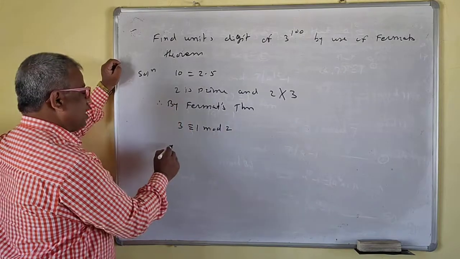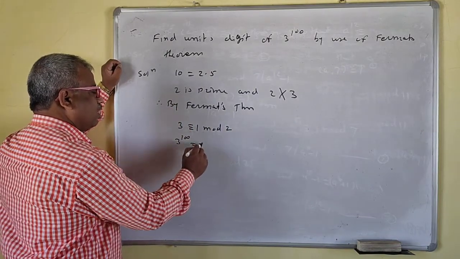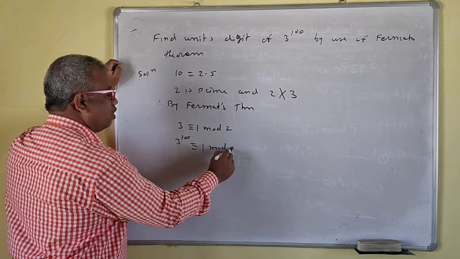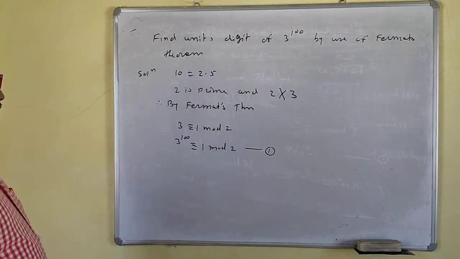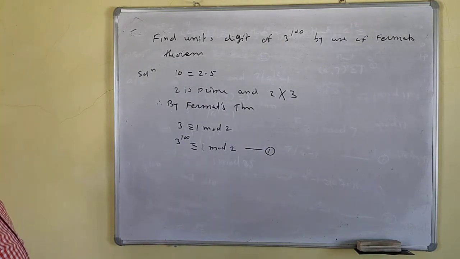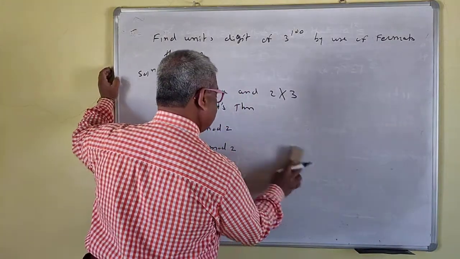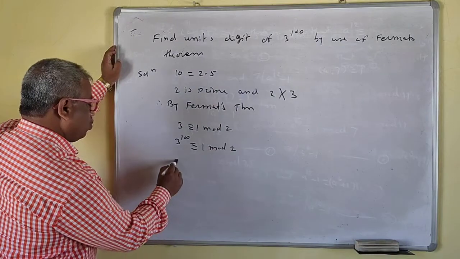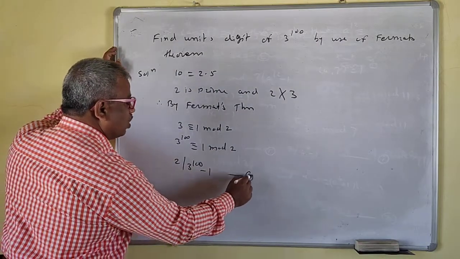So we take the power 100 directly because 1 is there: 3^100 is congruent to 1^100, which is 1 mod 2. I will call this 1. Instead of this I can write 2 divides 3^100 minus 1.